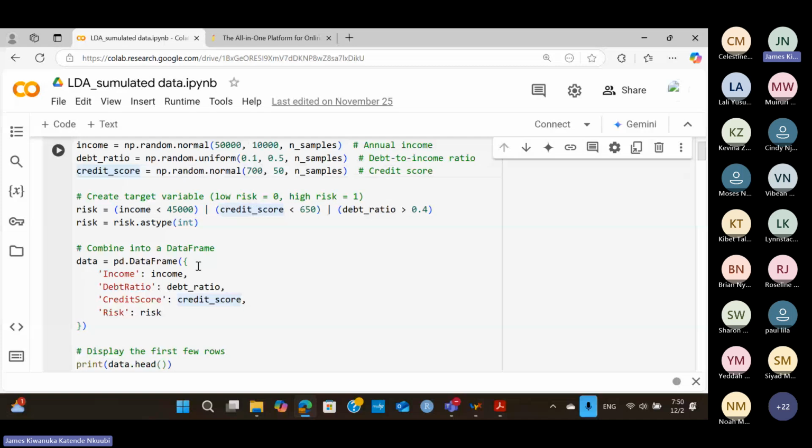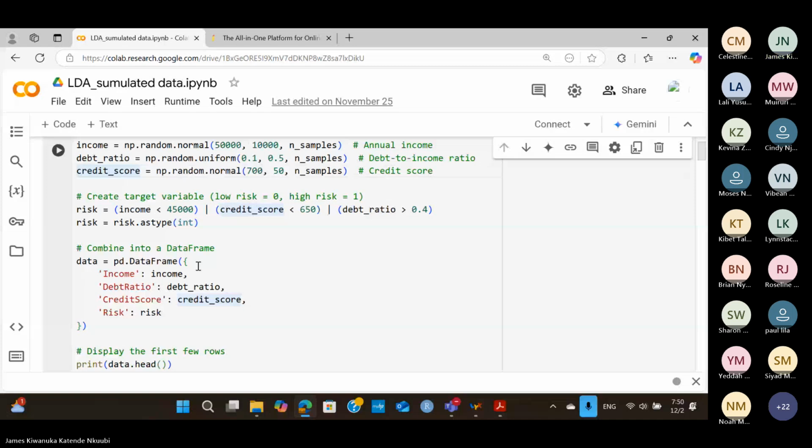So we use some criteria to which gives us a value of 1, or true if you like, for the risky customers. So high risk will be 1.